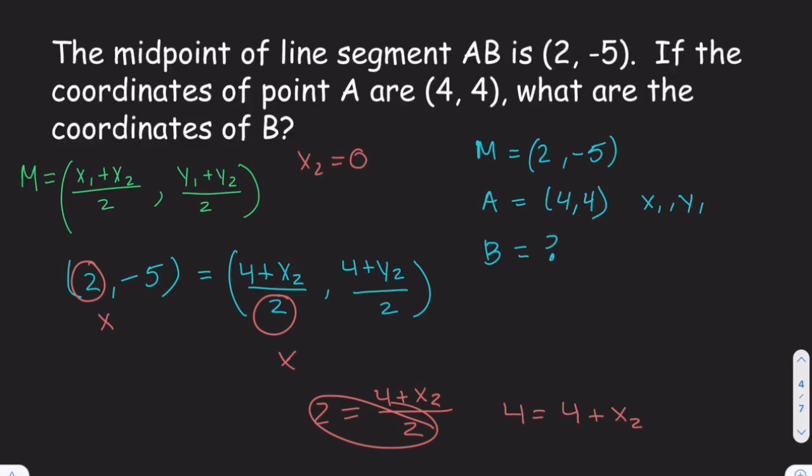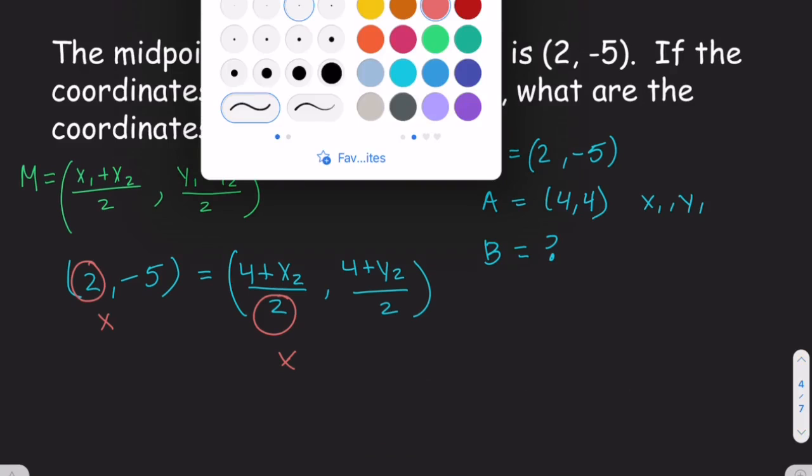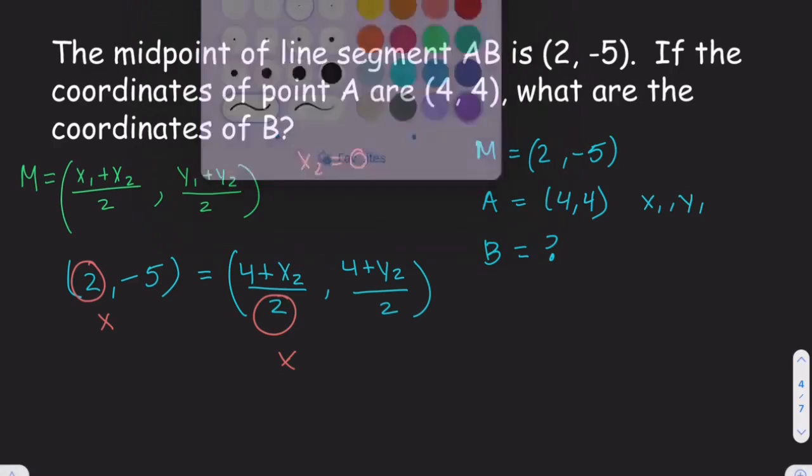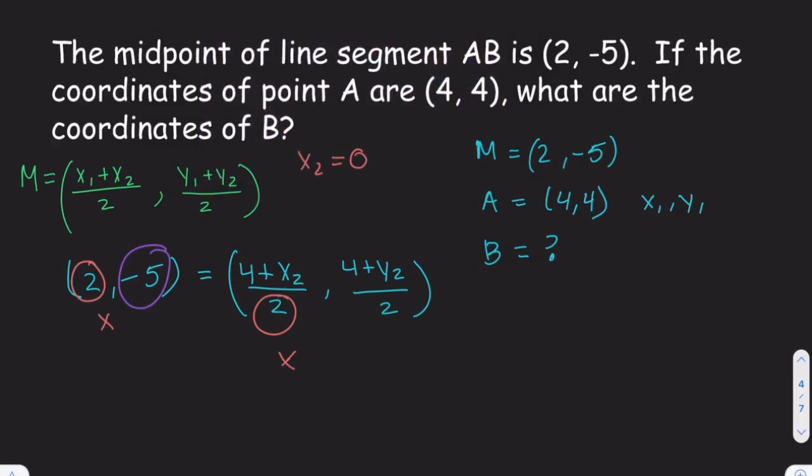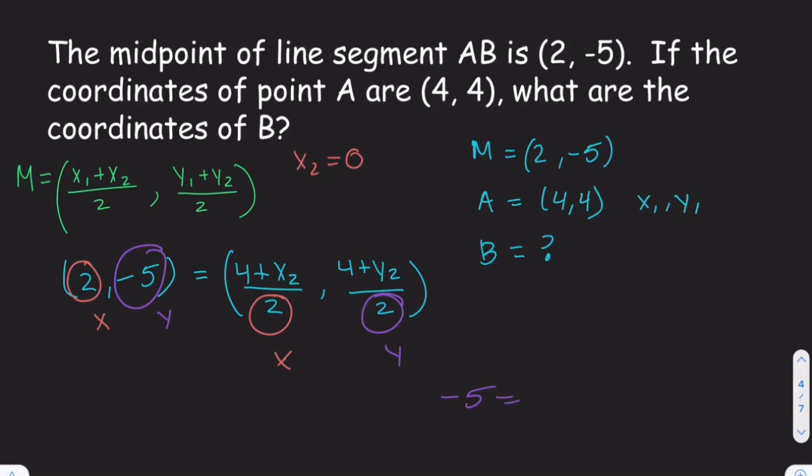Now we have the y values. In this case, the y values are negative 5 and 2. So negative 5 equals (4 plus y2) divided by 2. So again, you would multiply and you would get negative 10 equals 4 plus y2.